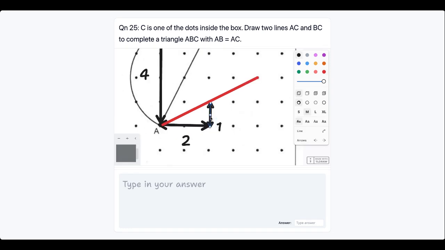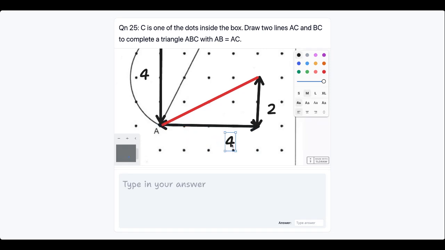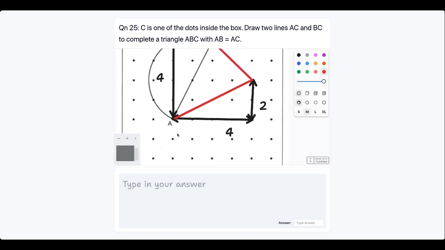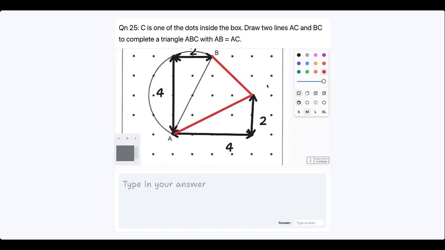So we do the same. This should be 2 gaps, and then there should be 4 gaps. At least you know where to stop. And then after that, we draw the other line as well. And there you go. So AB, and then you need to put the letter C. Then we can erase this and erase this, and there you go.